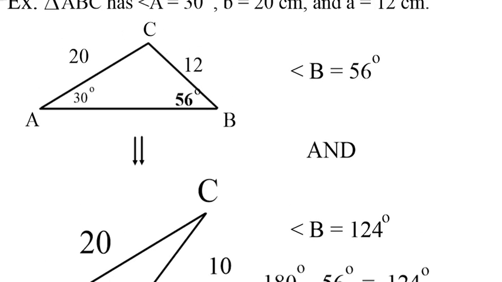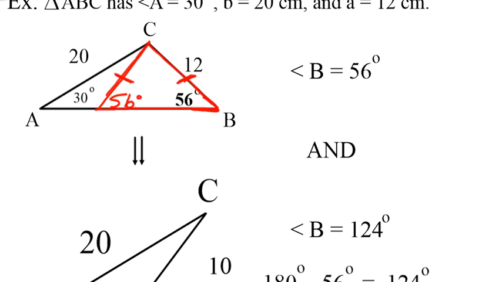If I take this 12 and draw it over here instead, I've transferred it to that position to get the second possible triangle. Because these lengths are the same, I have an isosceles triangle. Two sides that are the same means two angles are also the same.